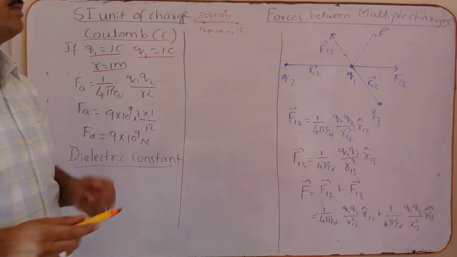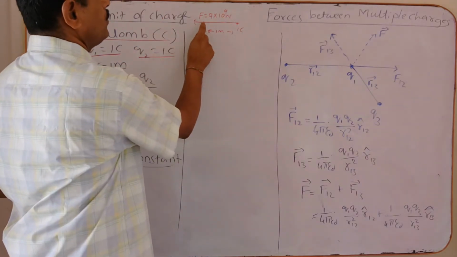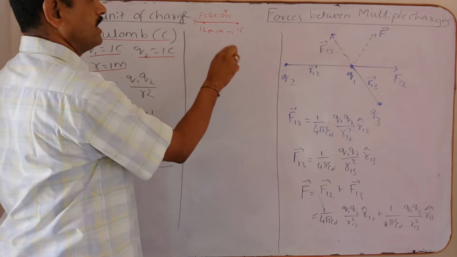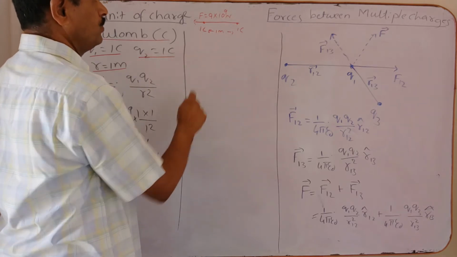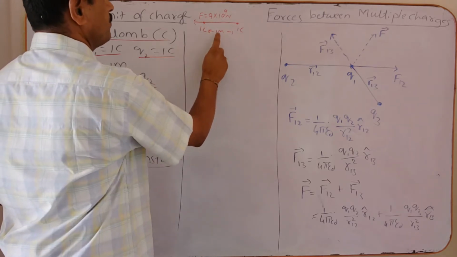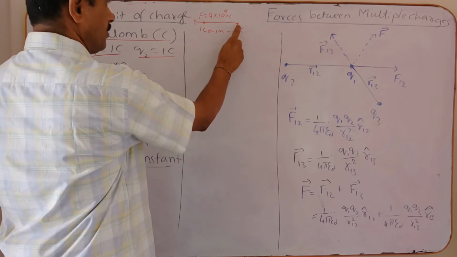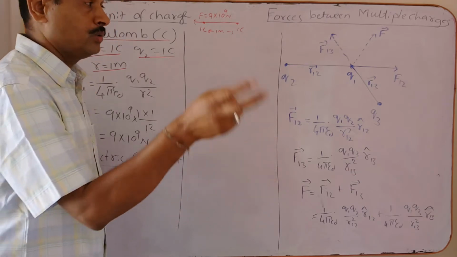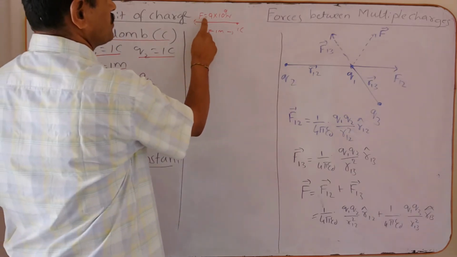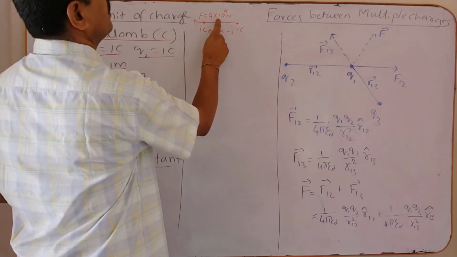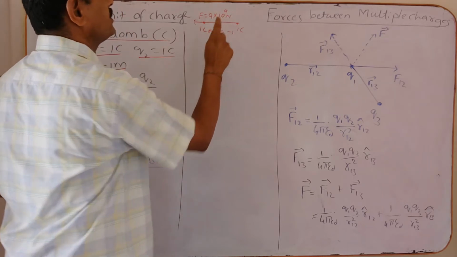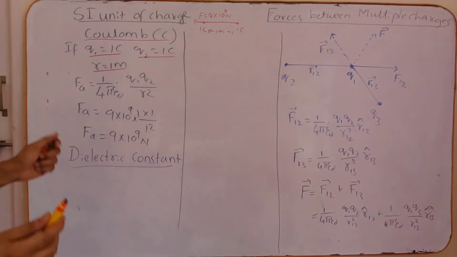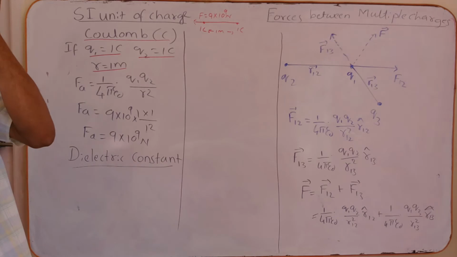Once again I repeat the definition. 1 Coulomb is defined as that charge which is placed at a distance of 1 meter from an identical charge in air or free space, and experiences an electrostatic force of repulsion of 9 into 10 to the power of 9 Newton. This is the definition of 1 Coulomb.